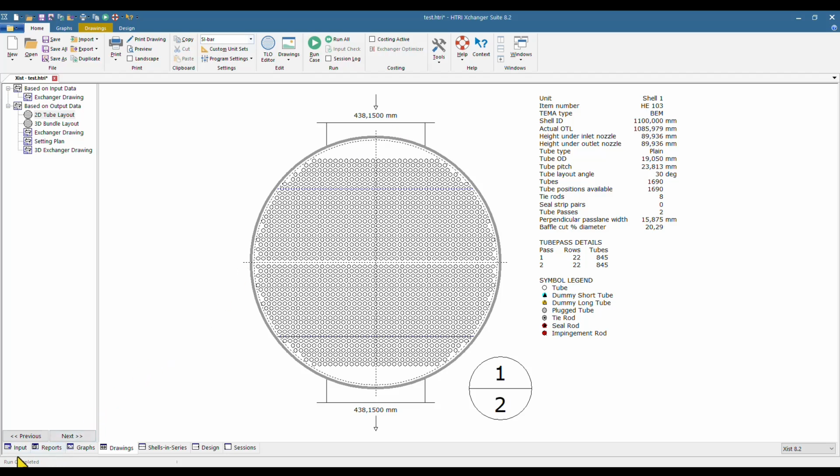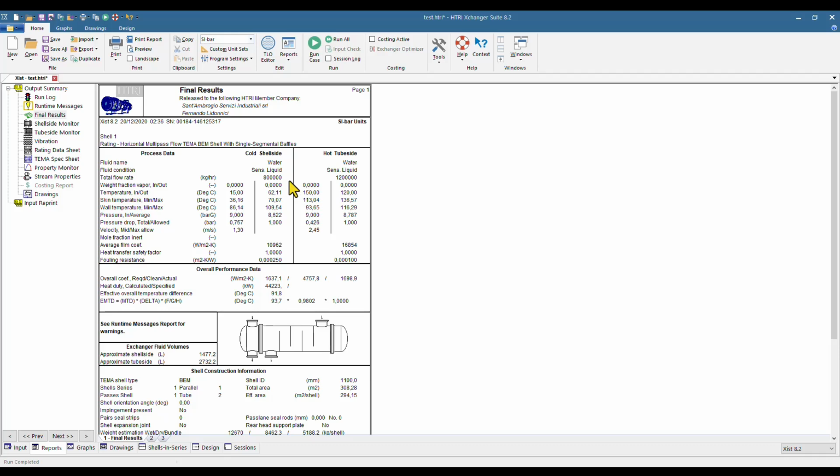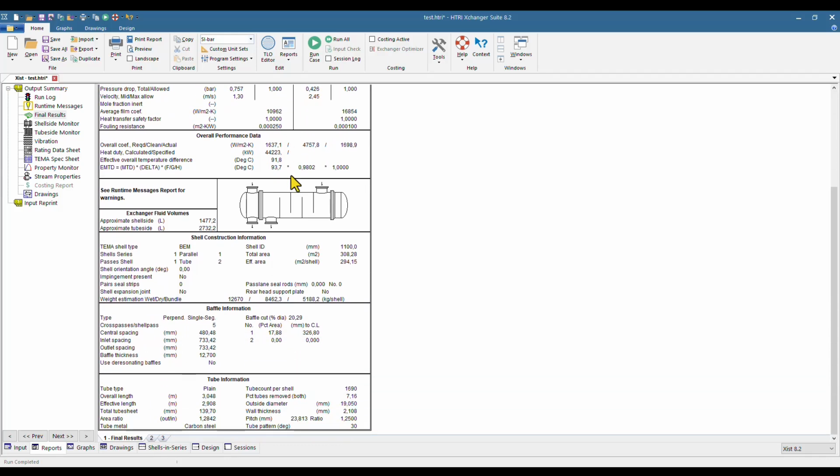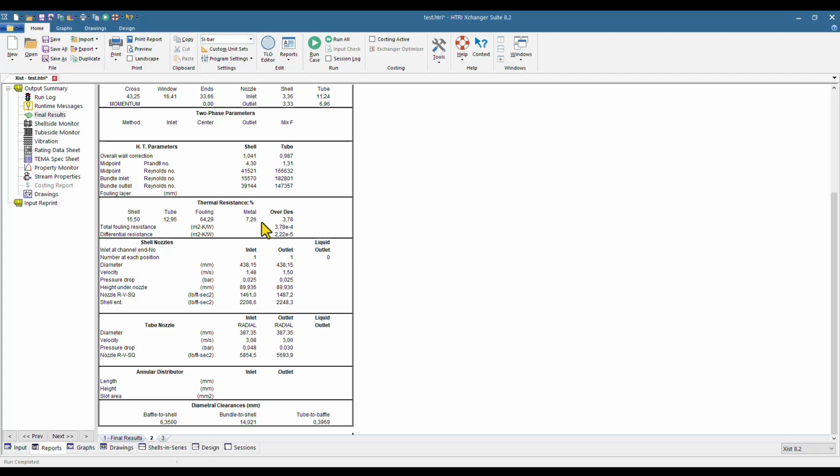If you want to see something more, there is a specific report, which is the final results here, that gives more information. For example, the rho V square shell nozzles, so nozzle rho V square, this is already in English unit, is just a little bit below the specified value of 1500. 1500 is the limit.